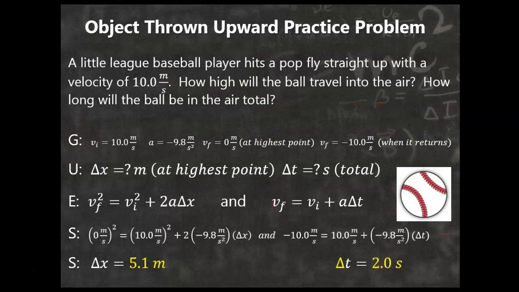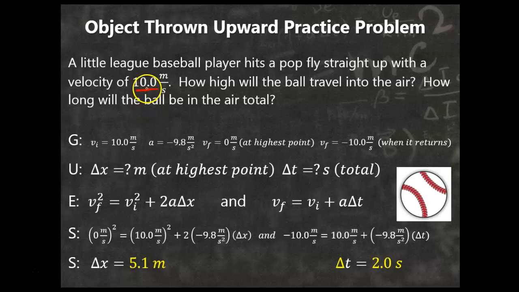Okay, so an object thrown up practice problem. A baseball player hits a pop fly straight up in the air with an initial velocity of 10 meters per second. So you should be thinking, well, I know gravity slows down objects by about 10 meters per second each second, so it's going to take about 1 second before it reaches its maximum height, before it gives up all that initial velocity.